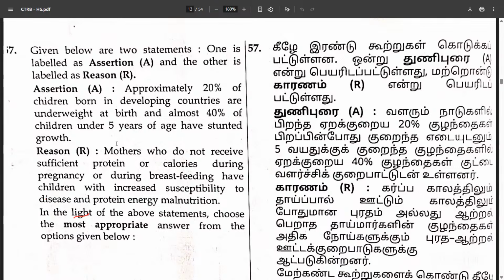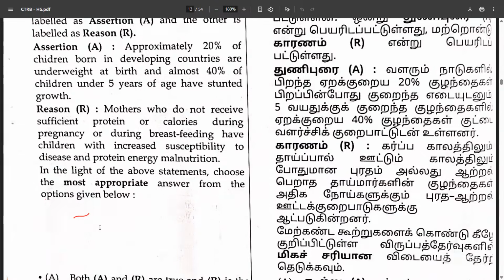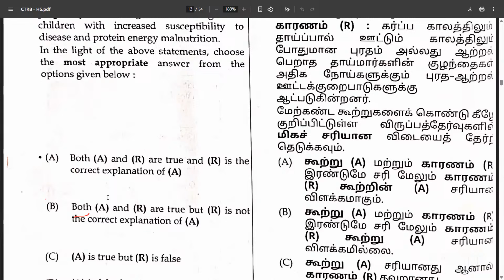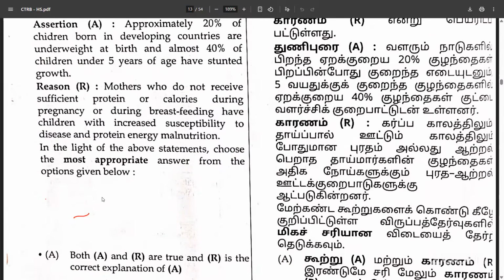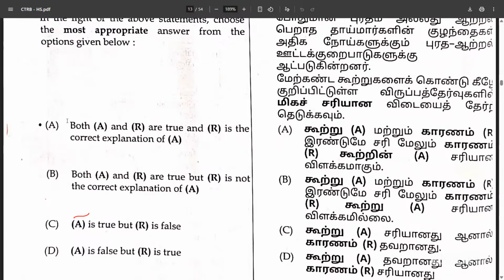Reason is mothers who do not receive sufficient protein and calories during pregnancy or during breastfeeding have children with increased susceptibility to disease and protein energy malnutrition. You have to tell which statement is correct or whether it is a correct explanation or not. We know both the statements are correct, and R is very well explaining the assertion here. So A will be the correct answer for this question.